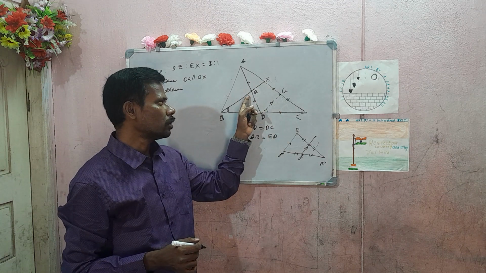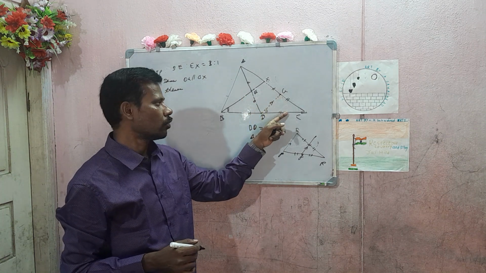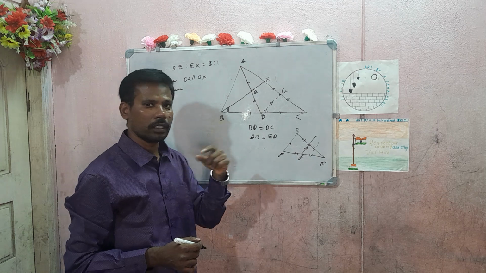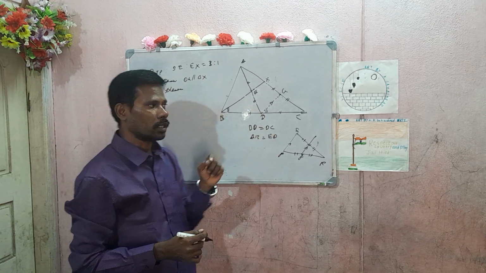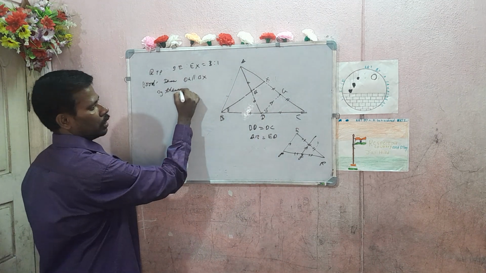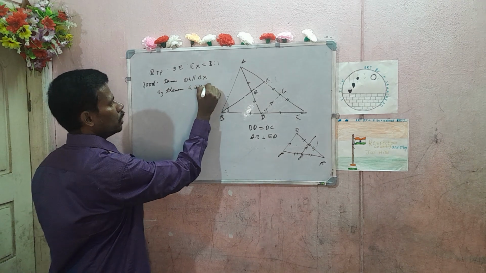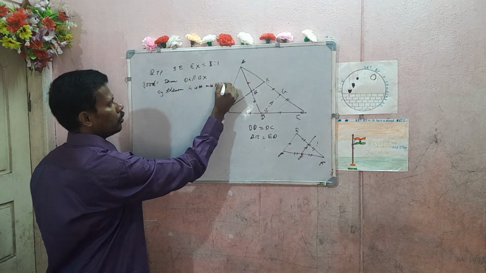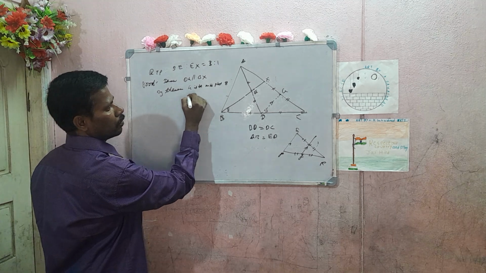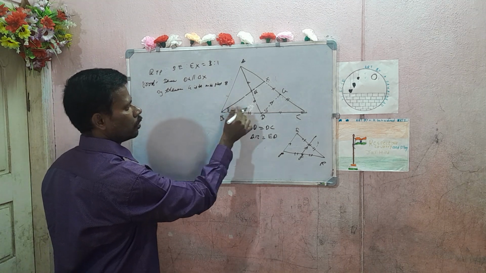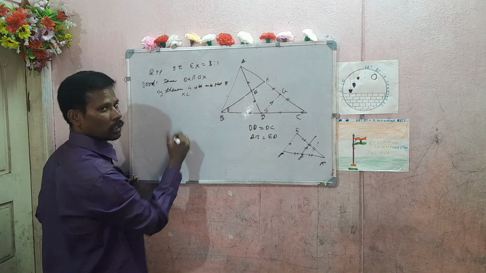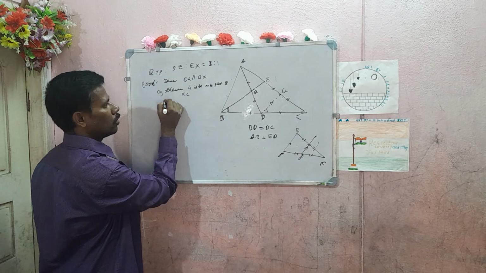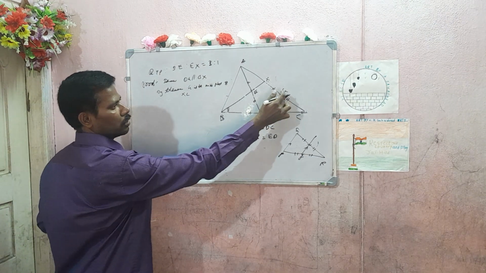This is the base and this is the third side, because already this is the side we have taken. Therefore, by theorem, G is the midpoint of XC.